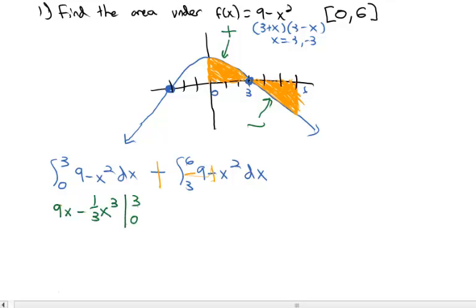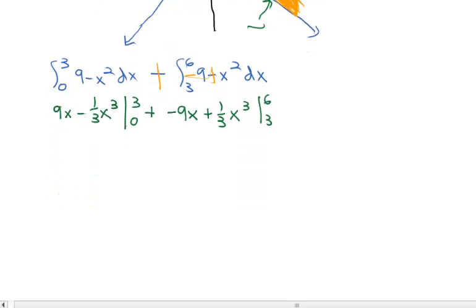We're going to integrate that from 0 to 3. Plus, we've got negative 9x plus x cubed divided by 3, and that's going to be integrated from 3 to 6. It won't always split in half like this, but this one was nice.